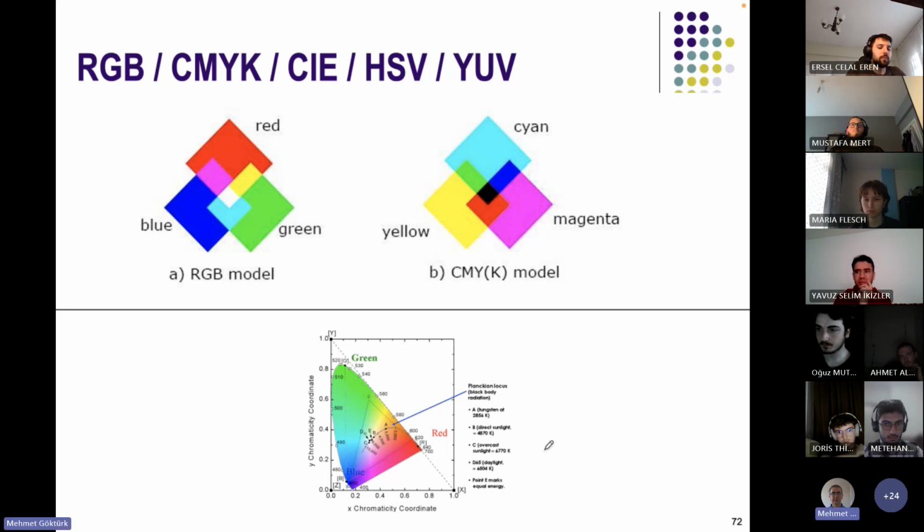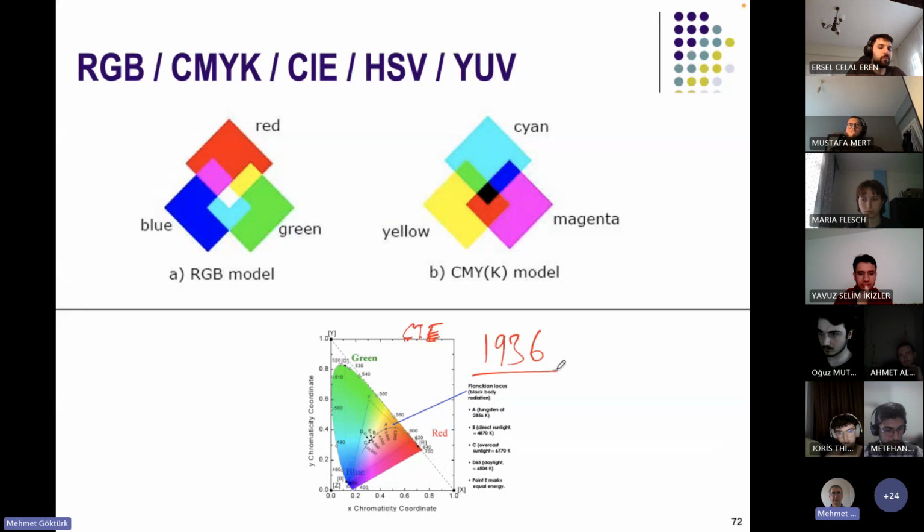Typically, in the CIE diagram, Commission Internationale de l'Éclairage, the standard was determined in 1936.